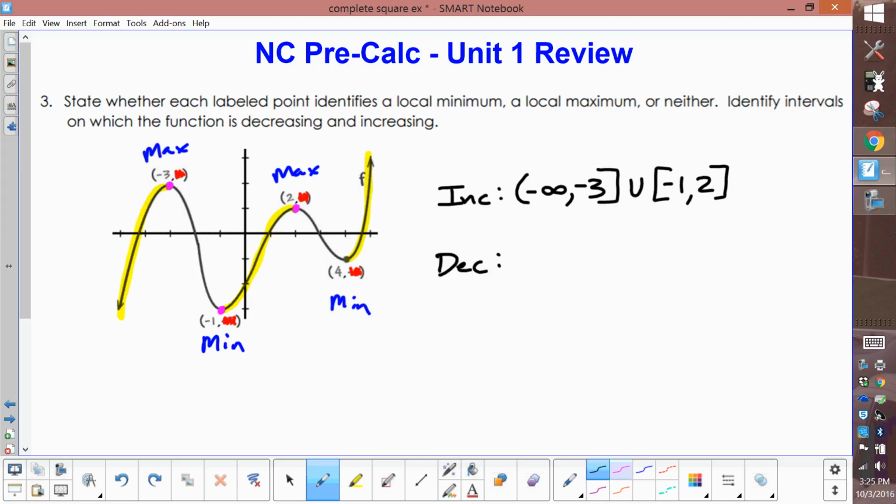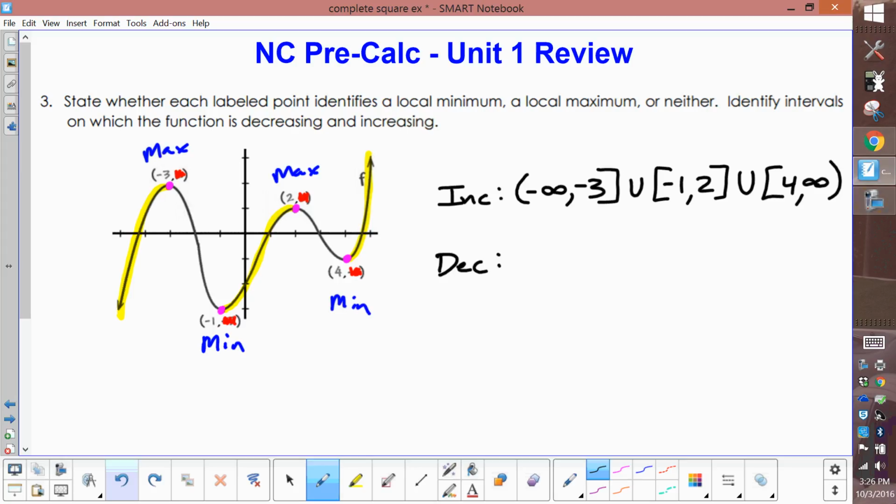And last but not least, at the bottom of this valley and going up forever in this direction towards positive infinity, I also have an increasing graph. So another union symbol there. I would say close bracket from 4 to positive infinity, open, because we never actually reach or touch infinity. So this is my increasing intervals.